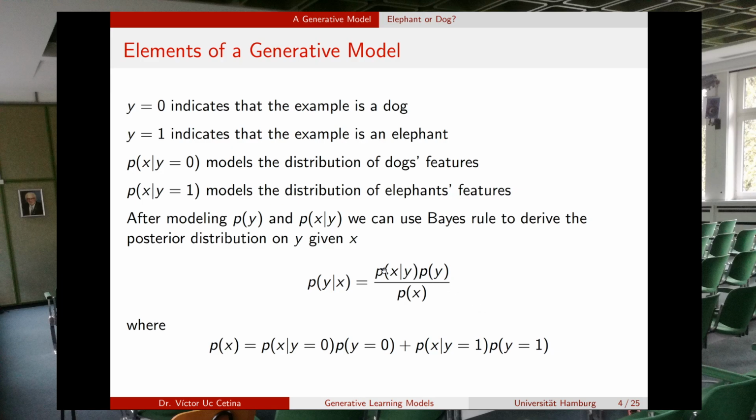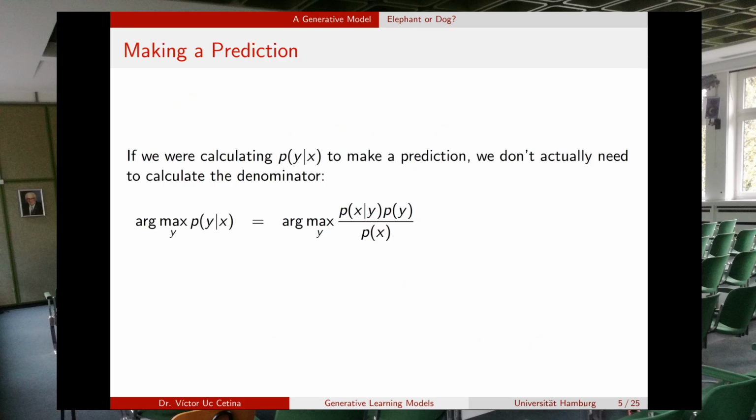Now, once you have estimated these three probability distributions, then as we said, to classify a new animal, we need to evaluate the model of elephant and the model of dog and assign the category based on the largest probability. So we basically have to compute this numerator and this denominator, compute the number, and check which label has the largest value.